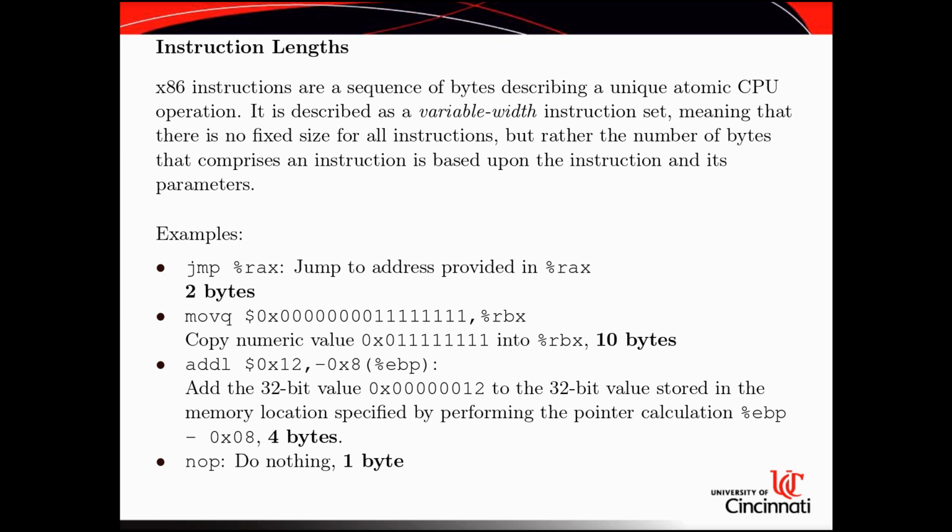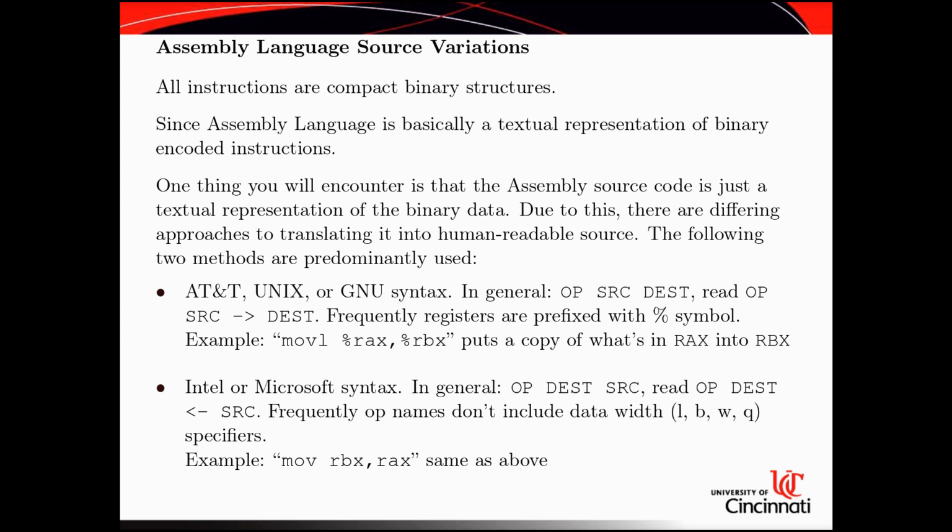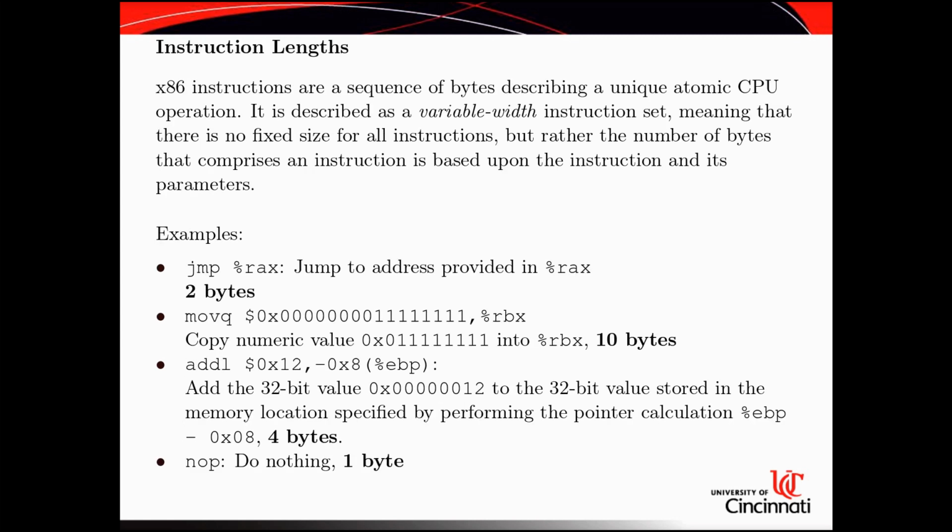and that's a 32-bit number. Just as a quick aside, you notice up here I used RBX, RAX, I'll jump into this later too, and then here I use EBP.